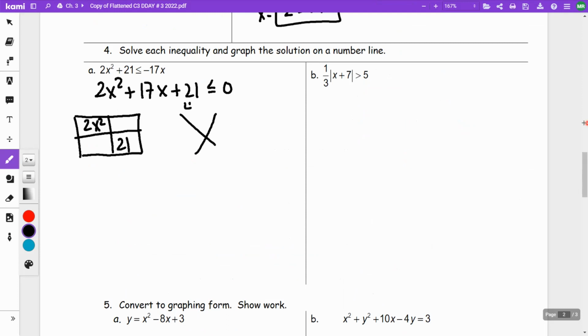So that is 42x squared and a 17x. So that is going to be, let's see. So 1 and 42, 2 and 21, 3 and 14.